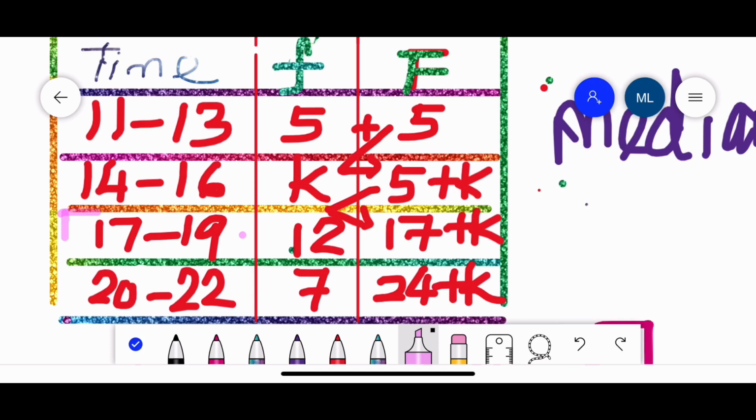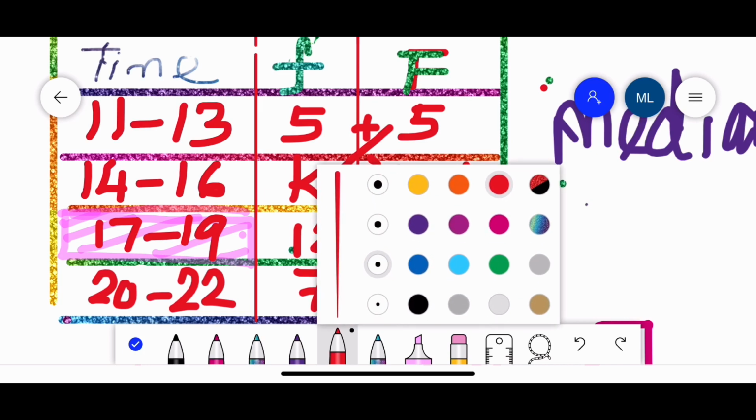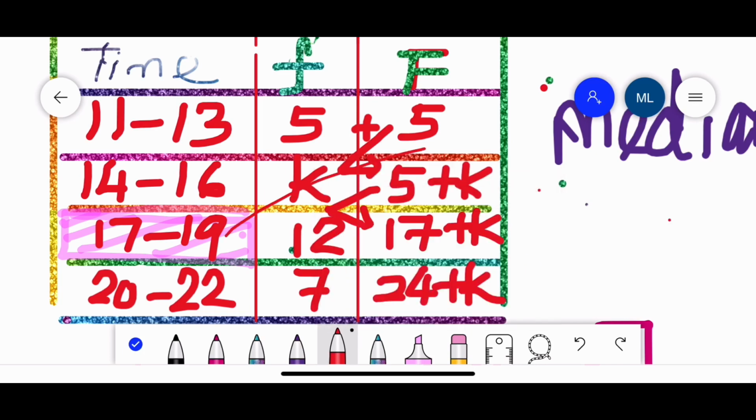That is very important. I'm highlighting using the pink color, because when you know how to identify the median class, then only you will know how to find the L, how to find the big letter F, and how to find the small letter f and the C.